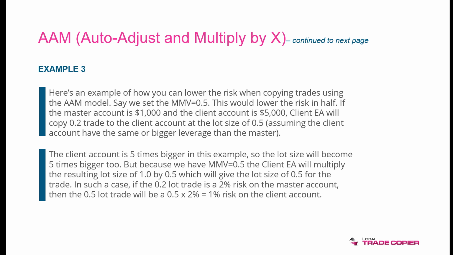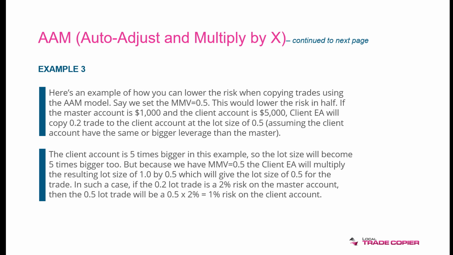So the client EA will copy the 0.2 trade as a 0.5 trade. The client account is 5 times bigger, so the lot size would normally become one full lot, but because we have the MMV of 0.5, the client EA will multiply 1 by 0.5 and will get the resulting lot size of 0.5, which cuts the full lot in half in this example.